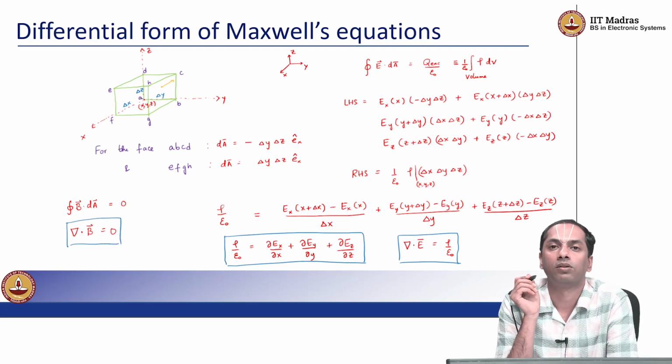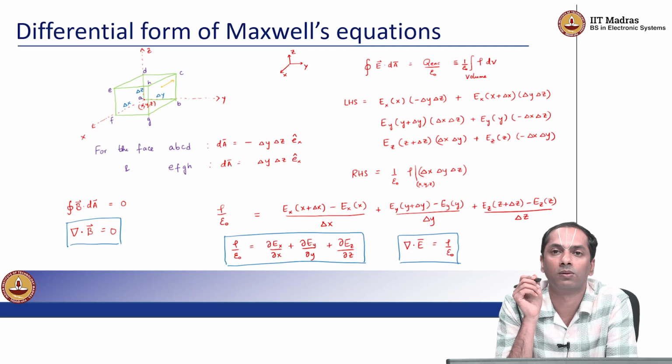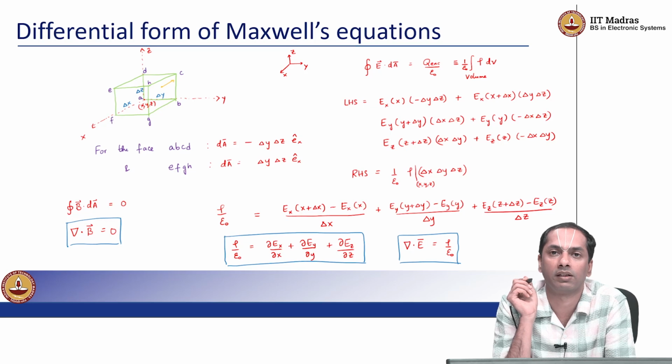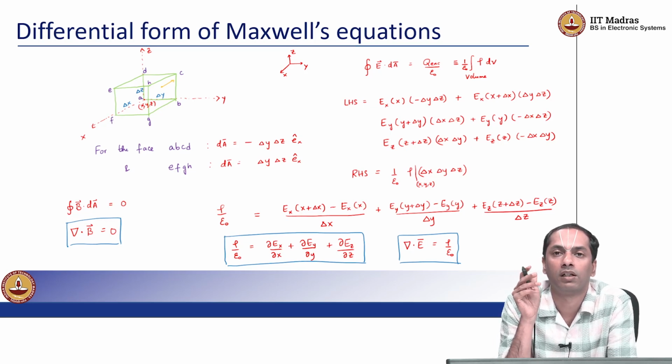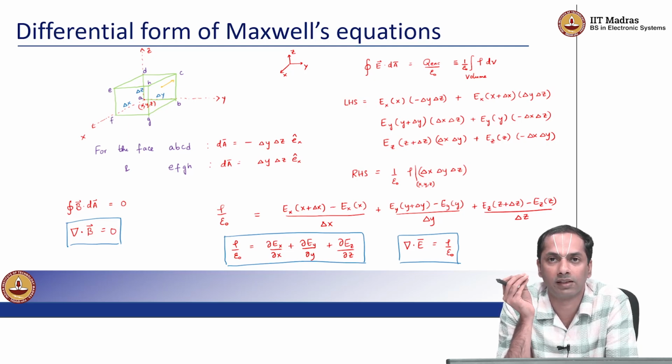Okay. So, we have successfully gone through some rigorous mathematics of evaluating these integrals in the integral form of the Maxwell's equations, but we see that when you reduce these contours and surfaces to an infinitesimal volume, the same equations reduce to a point form, that are very readily expressible using these divergence and curl operators.